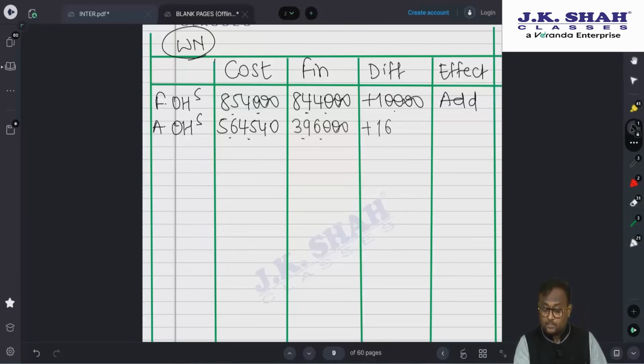Difference is still plus 168, 540. Since it is plus, it is to be added.